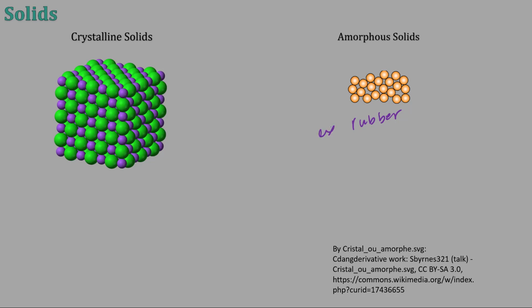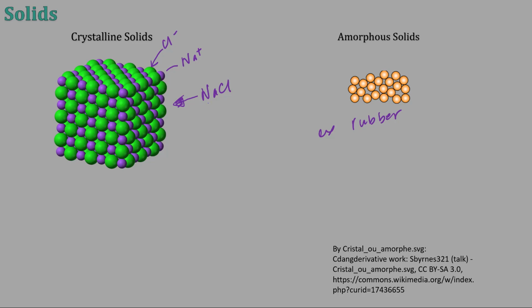With crystalline solids, on the other hand, everybody should recognize this from my desk as sodium chloride. The purple balls are the sodium ions, because remember, positive ions get really small and shrink because they lost electrons. And then the green ones are chloride ions, and they get bigger because they've gained electrons. It has more electrons than protons, so it doesn't pull in as much, and it's going to get much bigger.